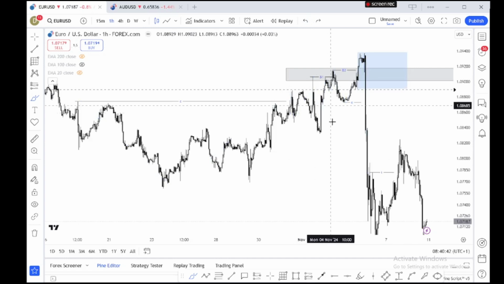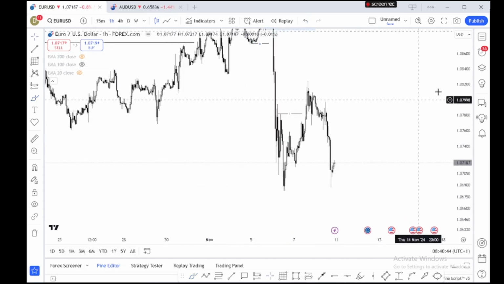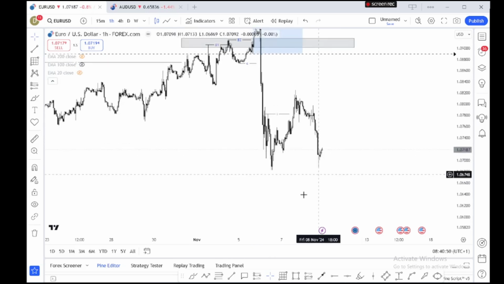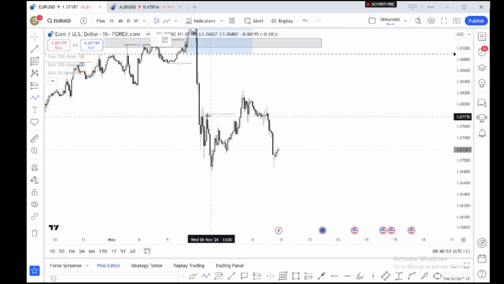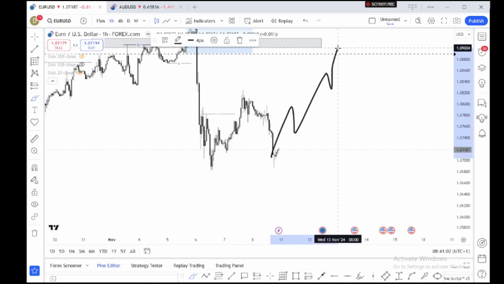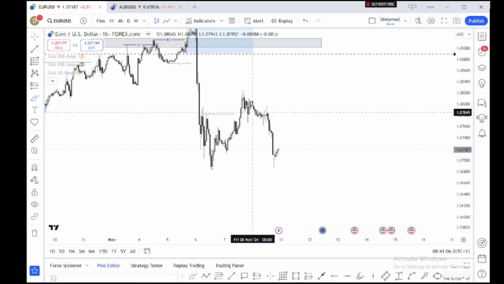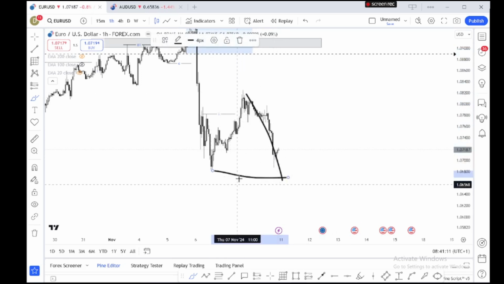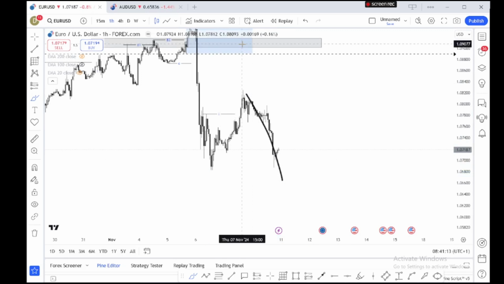So what am I now looking for in this level? Since we have this change of character, I want the market to coil up, to go up, because this is my inducement. So I'm expecting the market to do what? After taking out this inducement, probably market will go up, mitigate here, then drop. But if this doesn't happen, and we had another drop here, like this, then break of structure validated, fine.